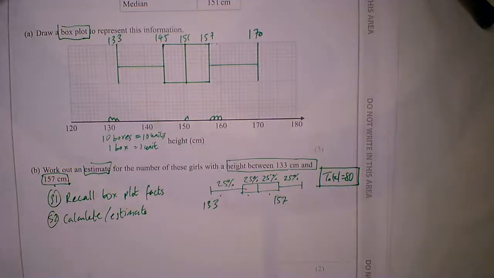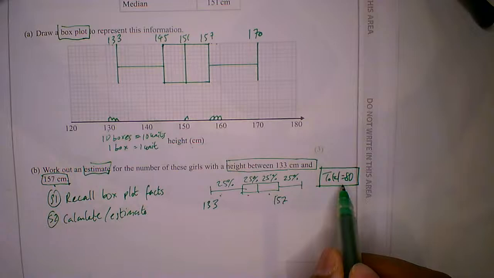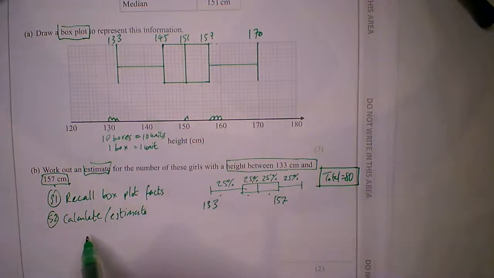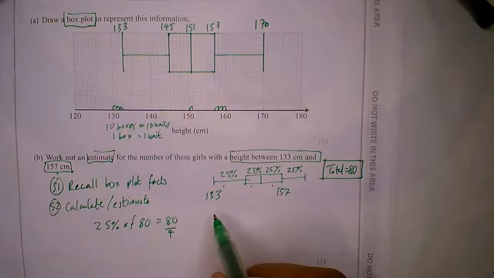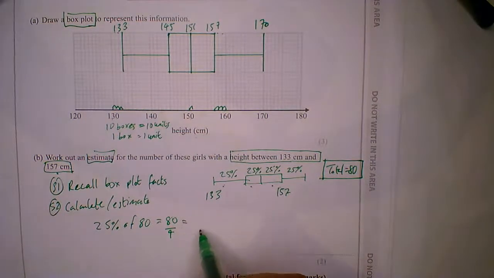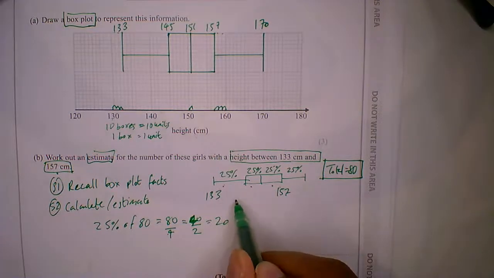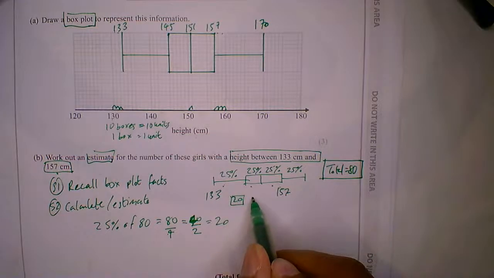If I can work out 25% of 80: 25% is dividing by 4, so 80 divided by 4. I can keep simplifying this: 80 divided by 2 is 40, and 40 divided by 2 is 20. So each part represents 20.